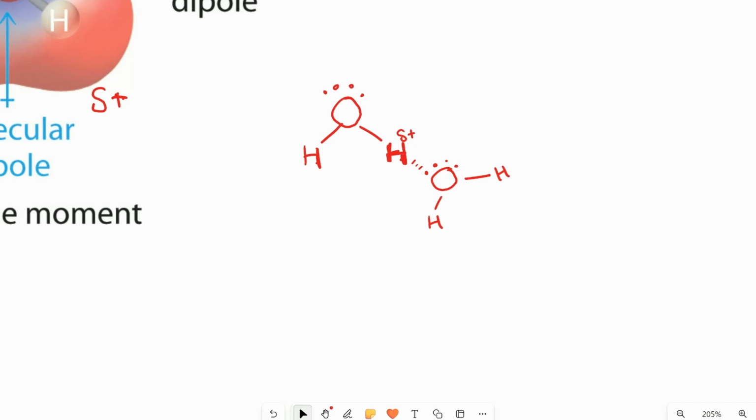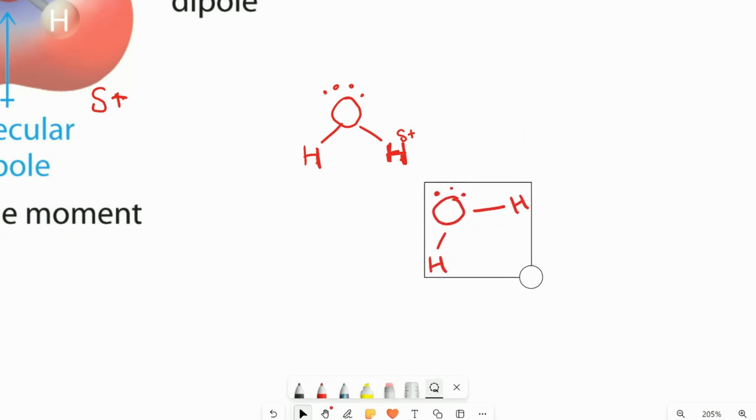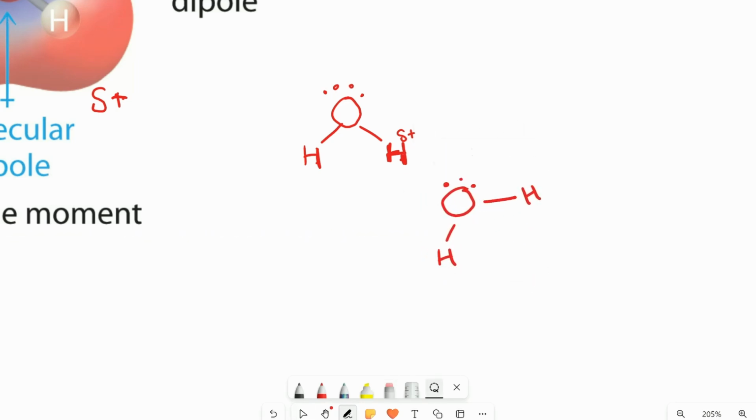I don't know if it looks familiar, but if I make it a little clearer by increasing the size, this should remind you almost of a dative or coordinate covalent bond. Almost, not exactly. It's like it's donating that lone pair to the hydrogen.